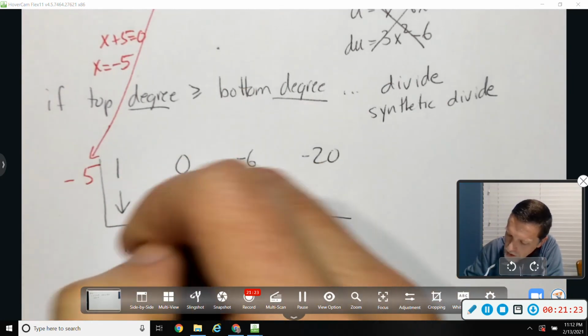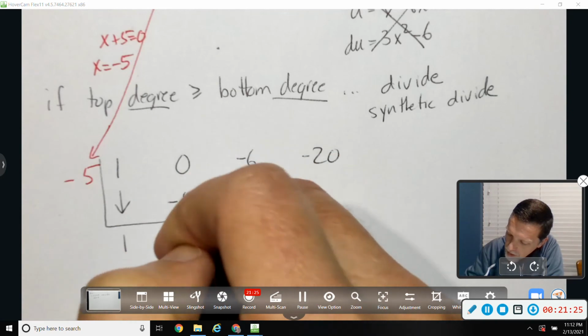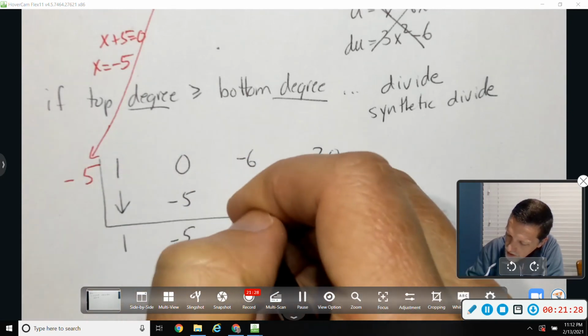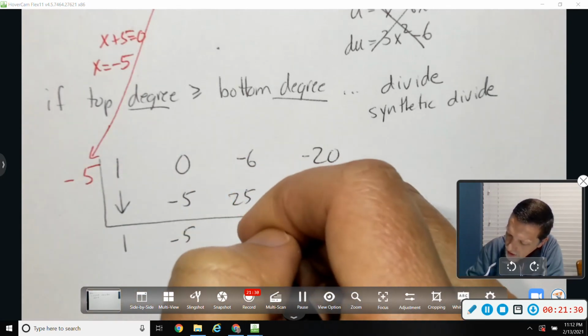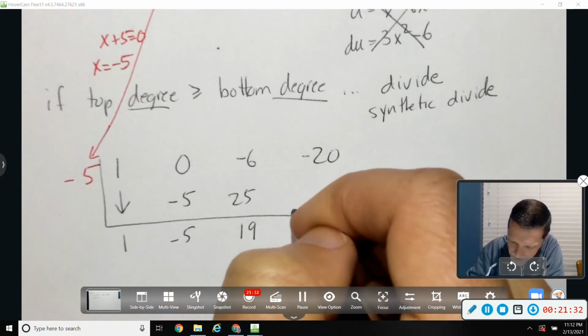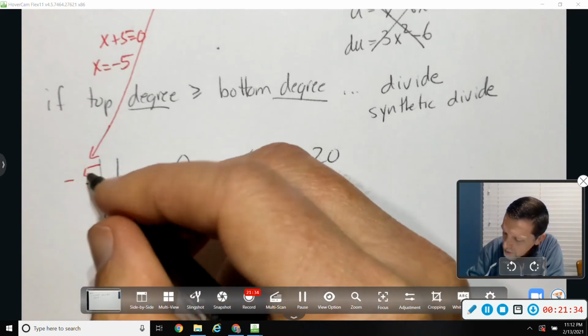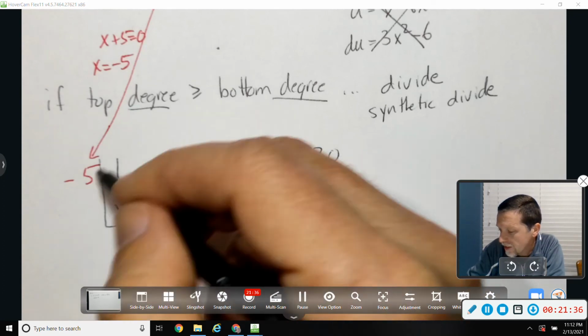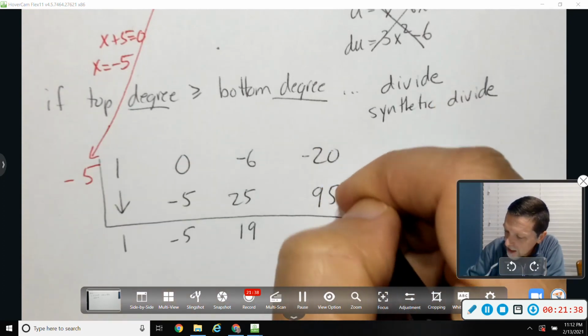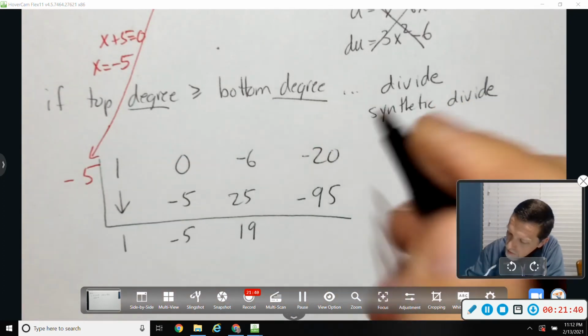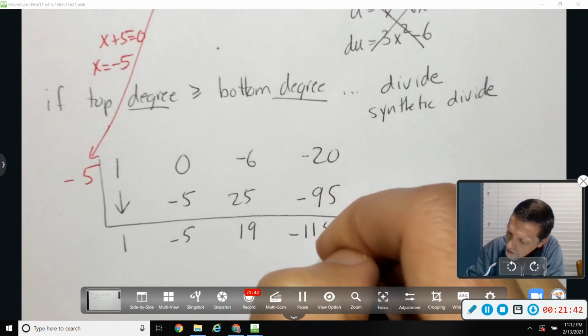Bring down the 1, multiply, add, multiply, add. 19 times 5, 20 times 5 is 100, so 19 times 5 is 5 less than that, the negative. Negative 115.